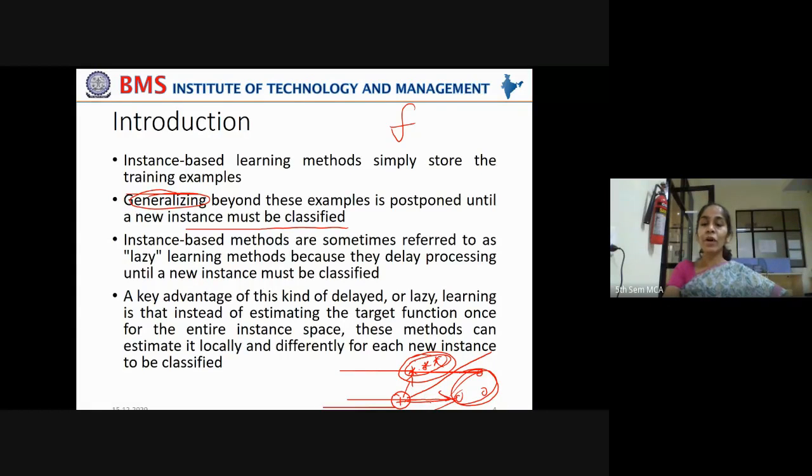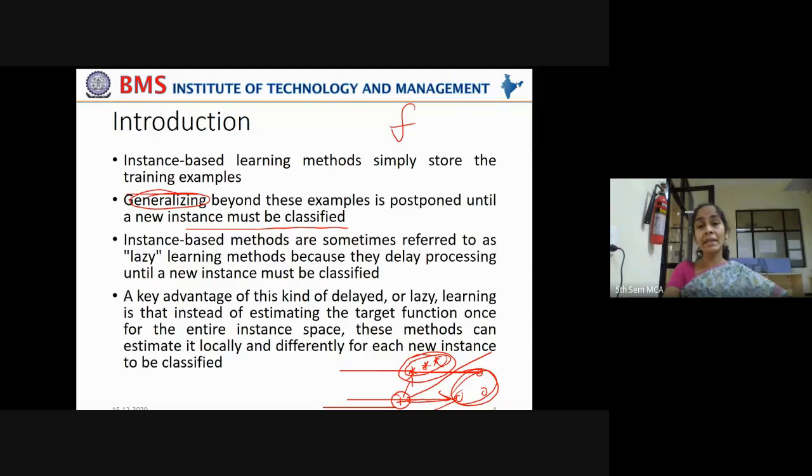So what did you observe here? Only when the new example is given does the actual task of categorization take place, learning from the features of the new data point, checking whether it matches a particular class and categorizing it. That takes place only at the ending, not at the beginning.